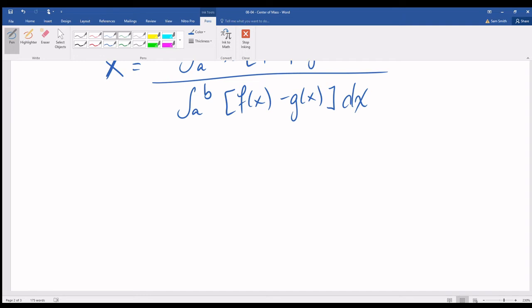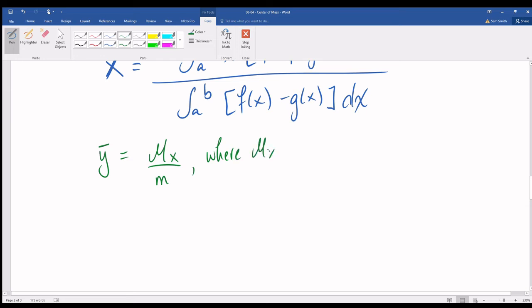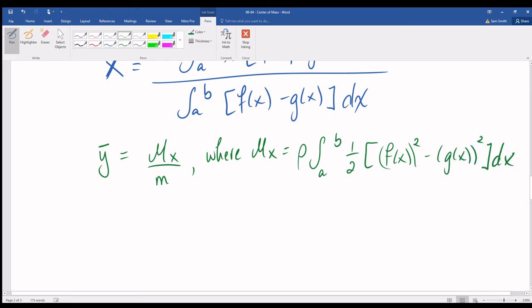Now, to find the y-coordinate of the center of mass, to find y bar, this is often called the ratio of m sub x and lowercase m, where m sub x is equal to rho times the integral from a to b of 1/2 times f of x squared minus g of x squared. Integrate that with respect to x.